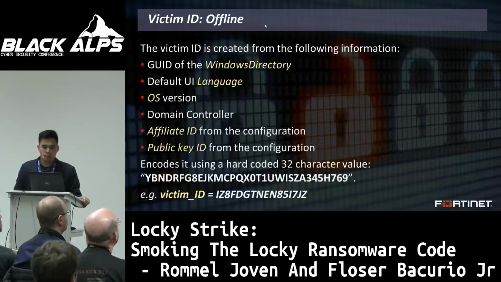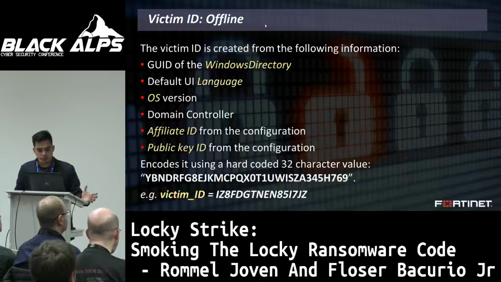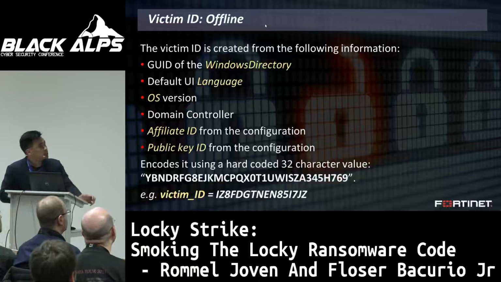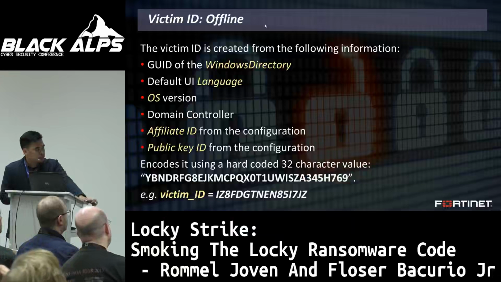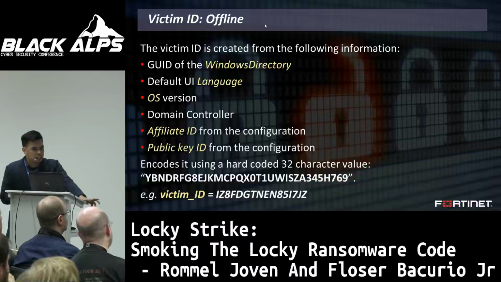And for the offline mode, for Locky to tell apart the different offline victims, it creates a special victim ID. First, the GUID, then the default language, the OS, the domain controller, the affiliate ID from the configuration, and the public key ID since it has the RSA key there.